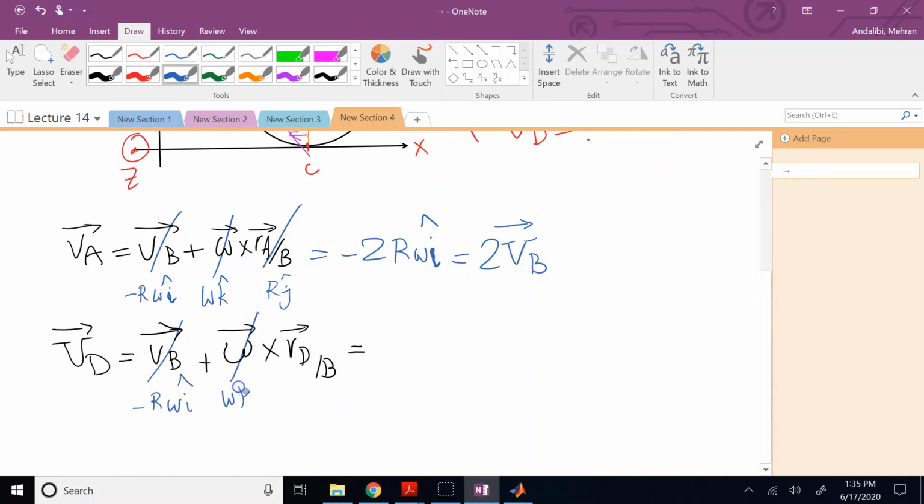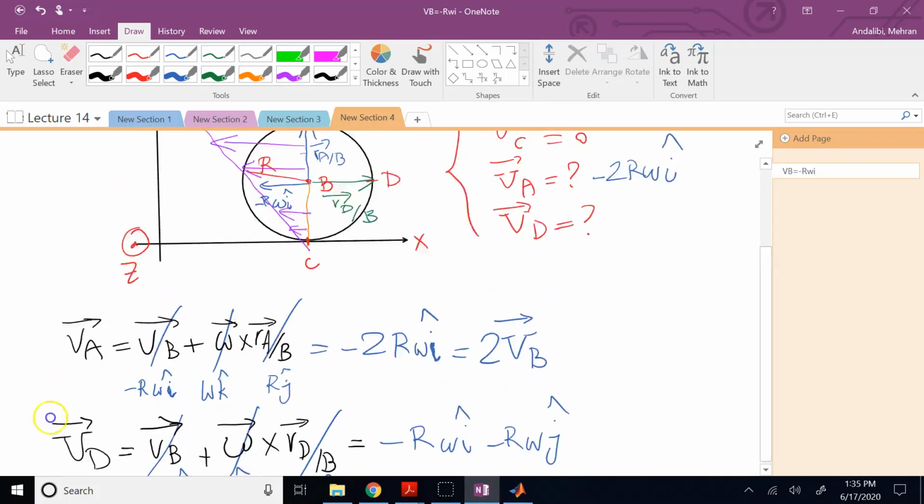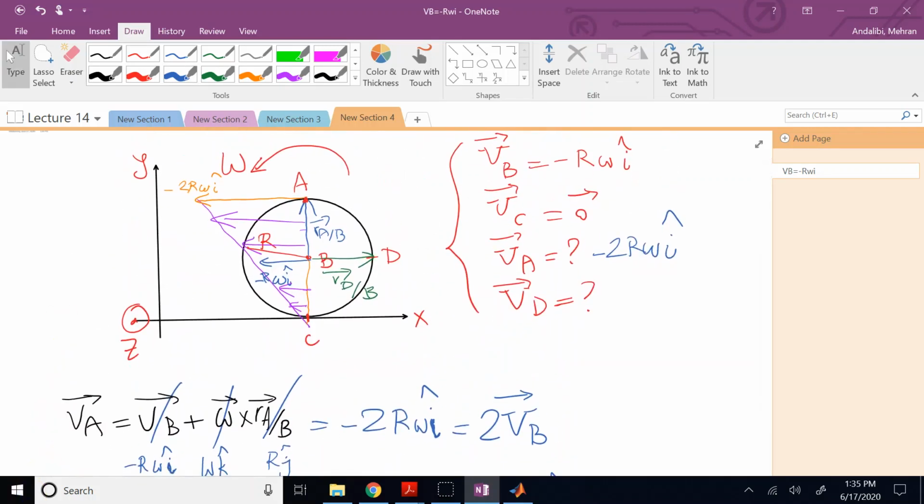This is omega k, and this is negative r i. And here you have k cross i, which is j, but you have a negative here. So it's going to be negative r omega i, negative r omega j. If you want to show it here, it is going to be the same magnitude as v of b forward, and then the same magnitude downward. So it looks like this, basically.